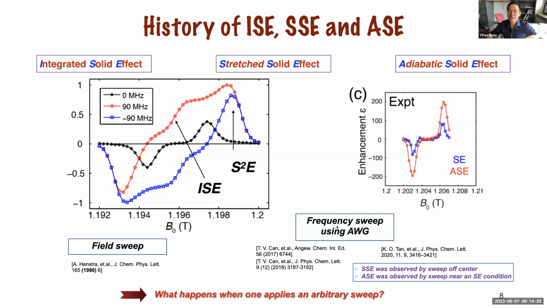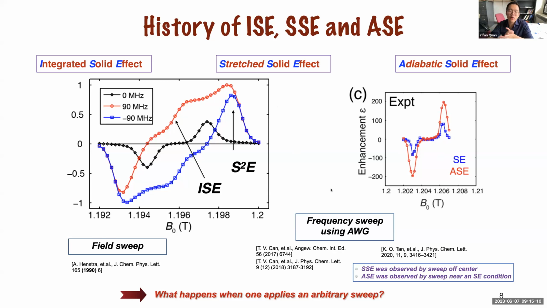And this actually led to the discovery of the TSE and ADFS. When you do a lot of field profiles, we found that, well, instead of doing ISE going through everything, when you chirp at the side, only covering half of the ISE range, it's actually more efficient. And later on, we found that just narrow chirps around the solid effect matching condition can also be more efficient than ISE.